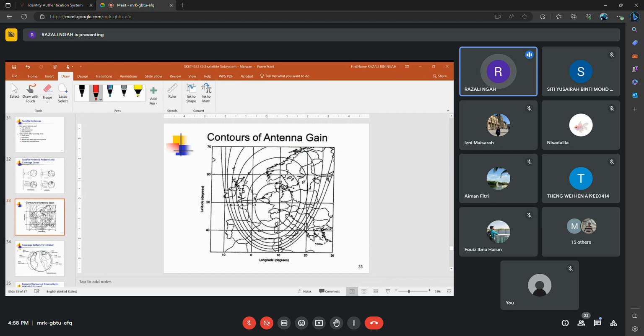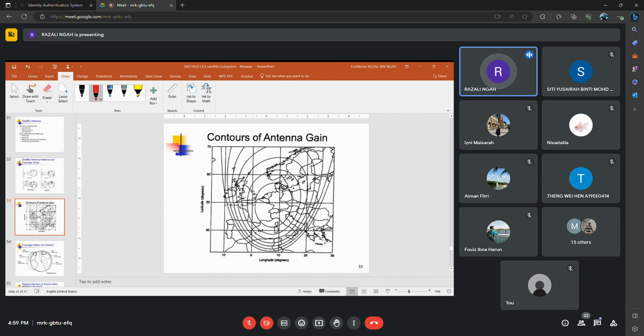But if our earth station is not in the center, the antennas are not 100% inline, so there is some offset.